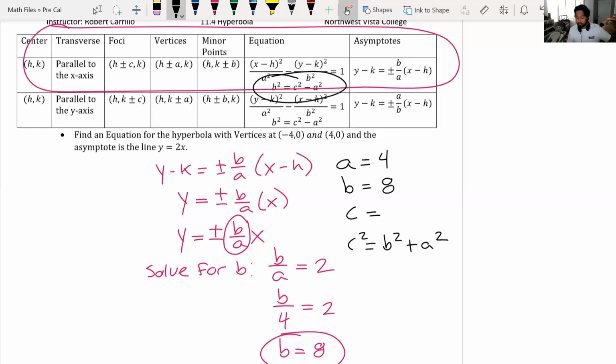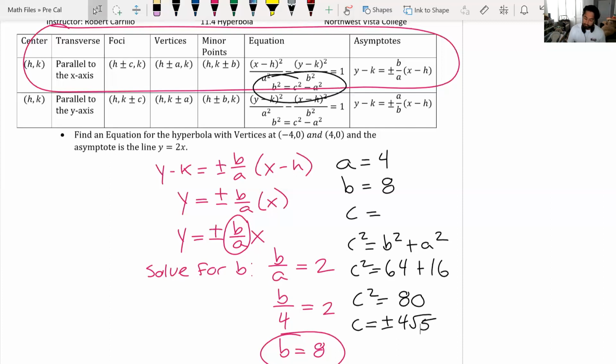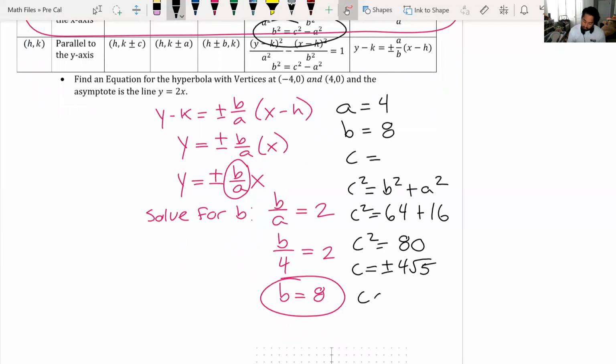All you have to do is add that a squared over. So c squared equals 64 plus 16, which means c squared is 80. And then you square root everything, and c is going to be plus or minus 4 square root 5, which means c is approximately 8.94.